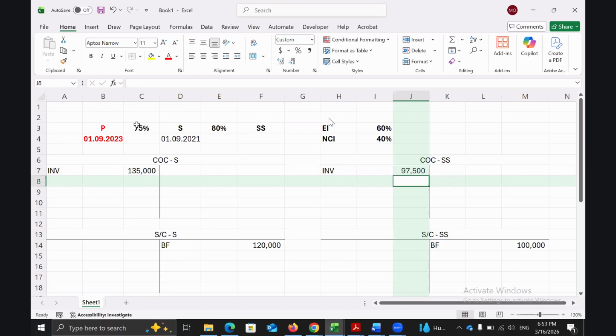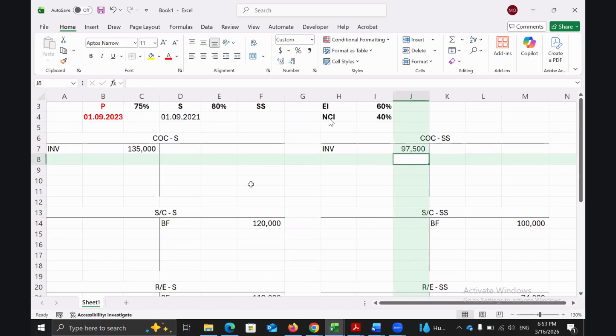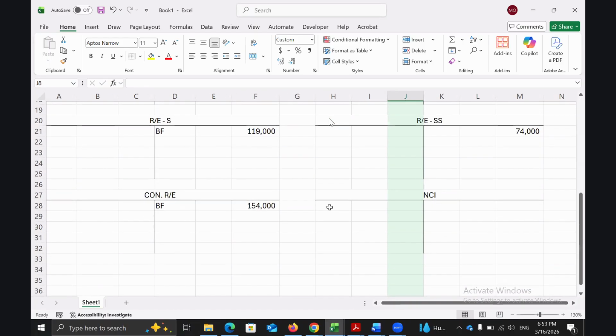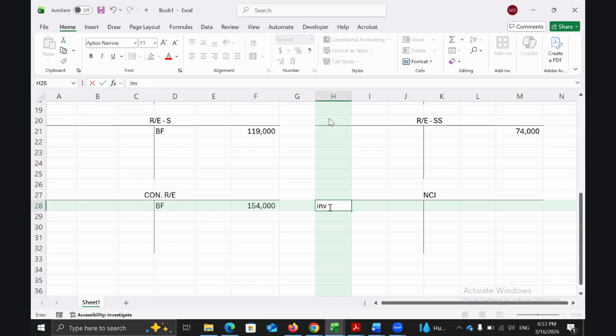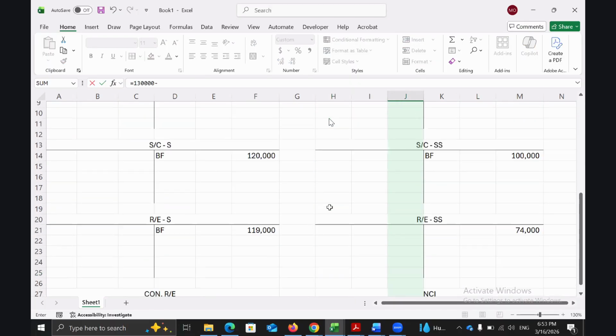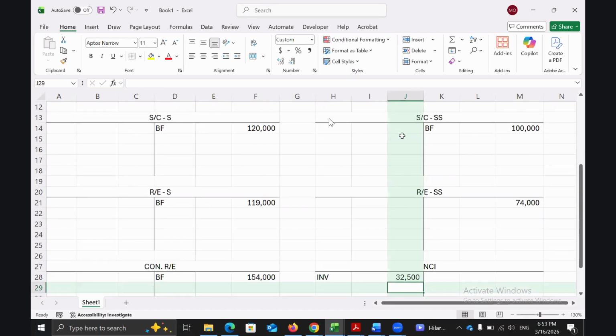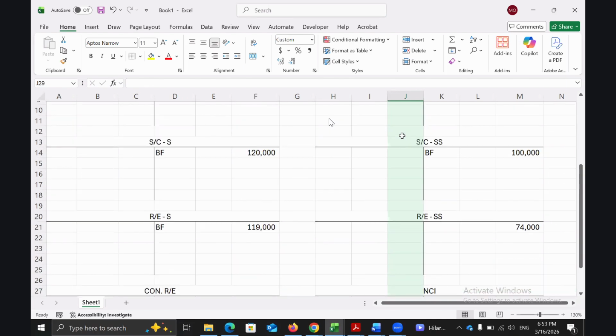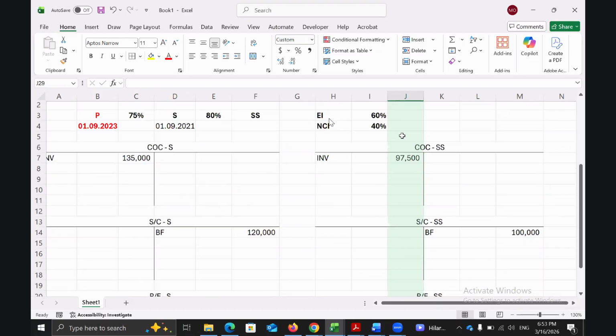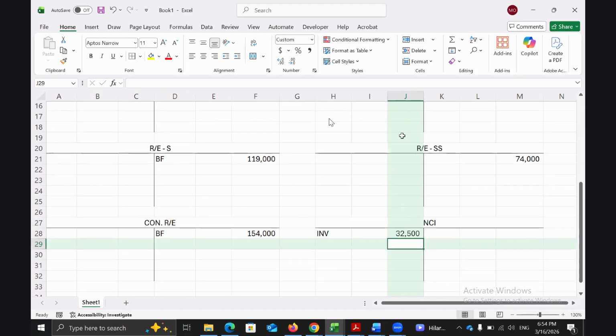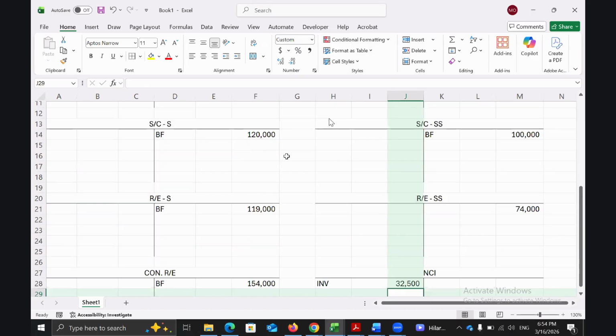Whatever the remaining 25% belongs to the NCI. Then investment account credit 130,000, COC account debit 97,500, NCI debit 32,500.